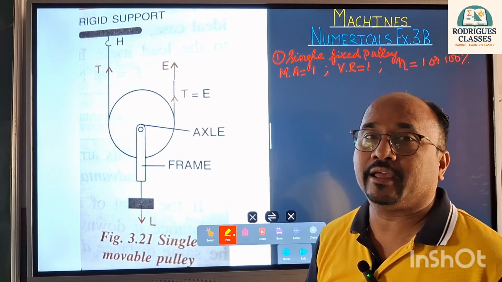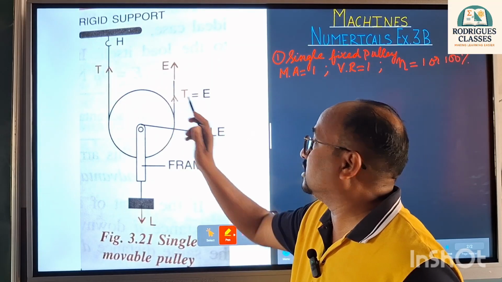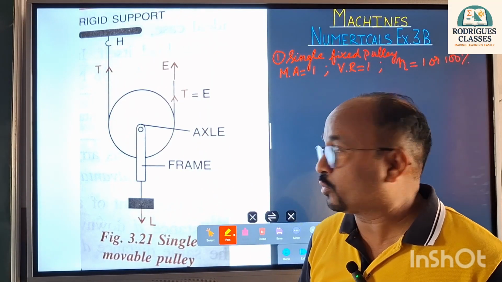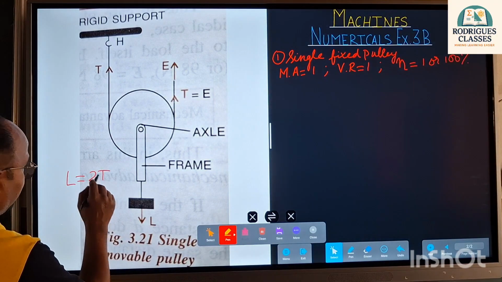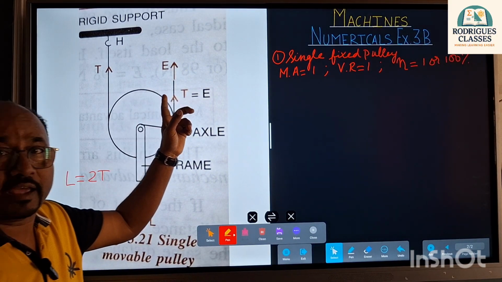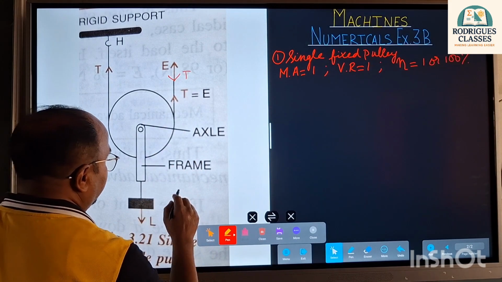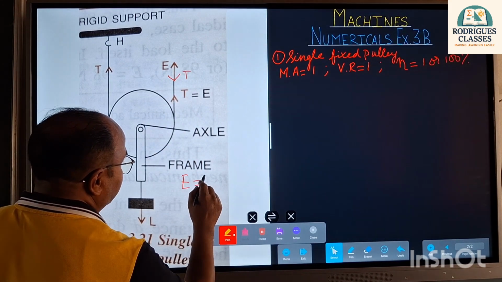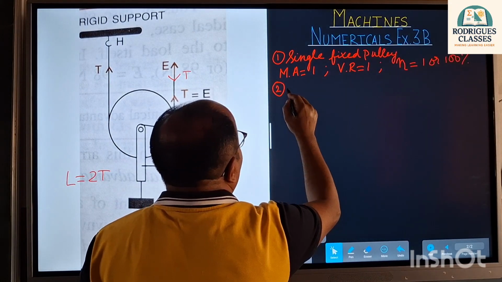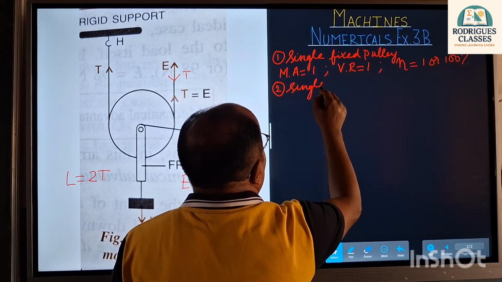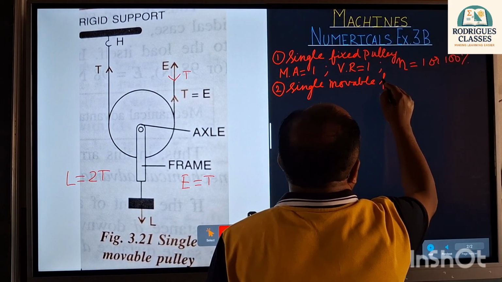Remember, it is load by effort, and here this load is balanced by this tension and this tension. So here the load will come as 2T, okay? L will come as 2T. Now this effort will be balanced by a tension acting here. So E will come as T. So let us come to the mechanical advantage part, let us write here single movable pulley.